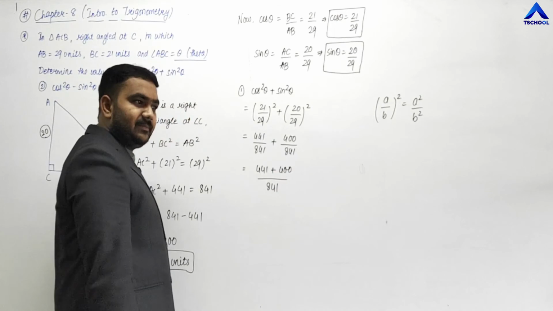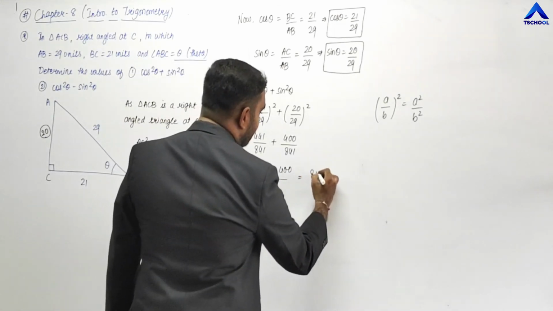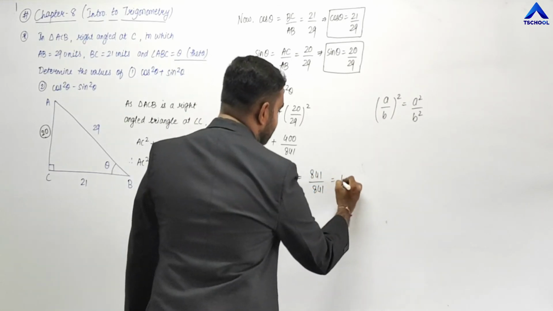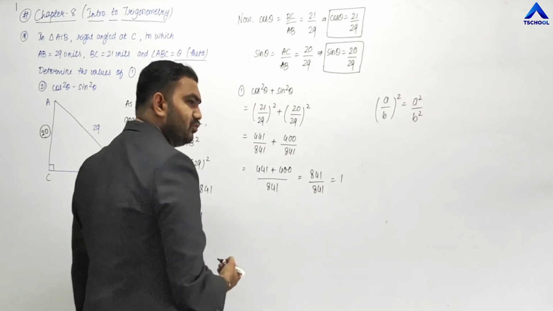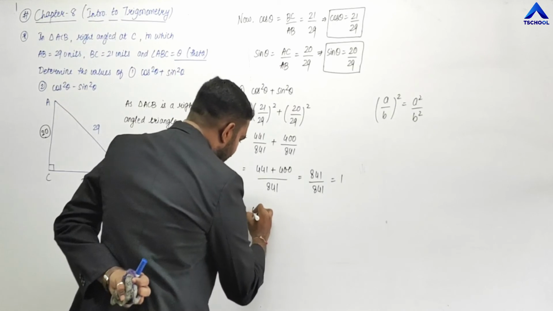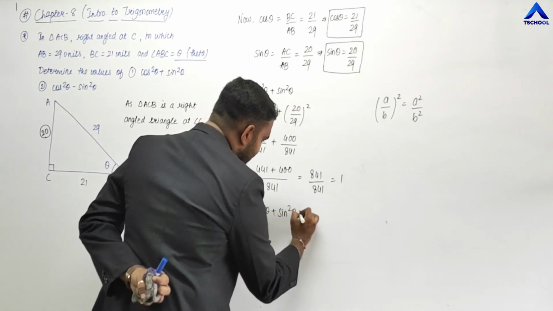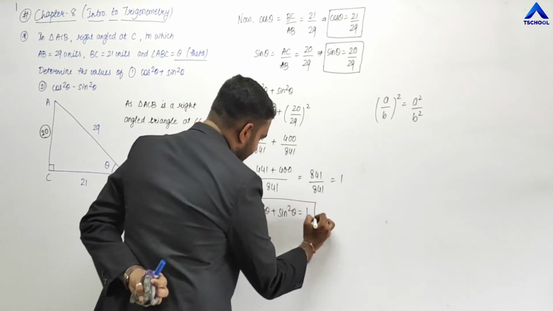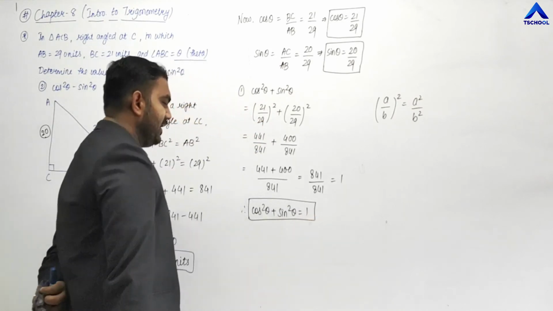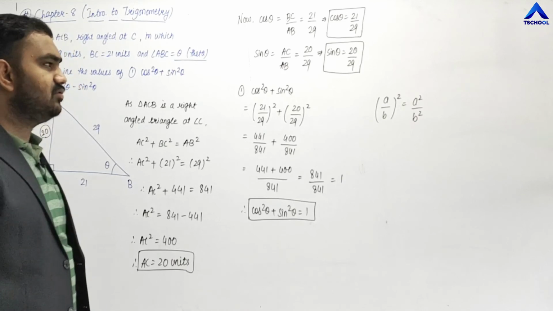So that is 441 plus 400 divided by 841, which is equals to 841 upon 841, and hence this is equals to 1, because both the values in numerator and denominator are same. Therefore we got cos square theta plus sin square theta as 1. That is our first answer, that cos square theta plus sin square theta is equals to 1.